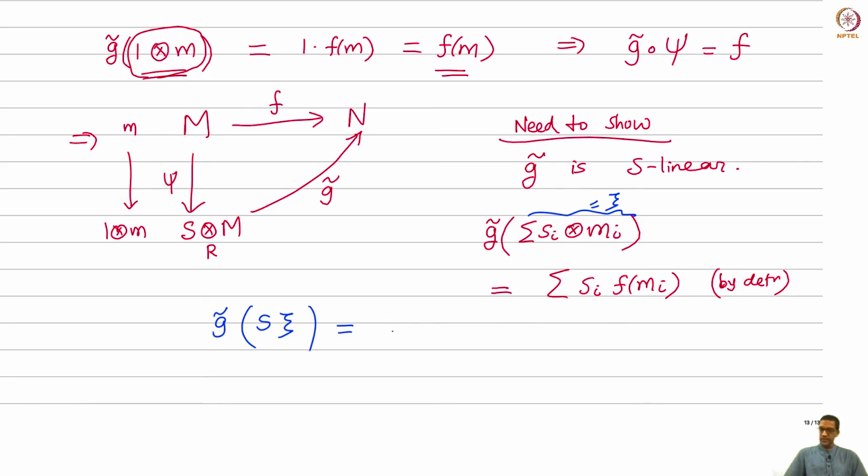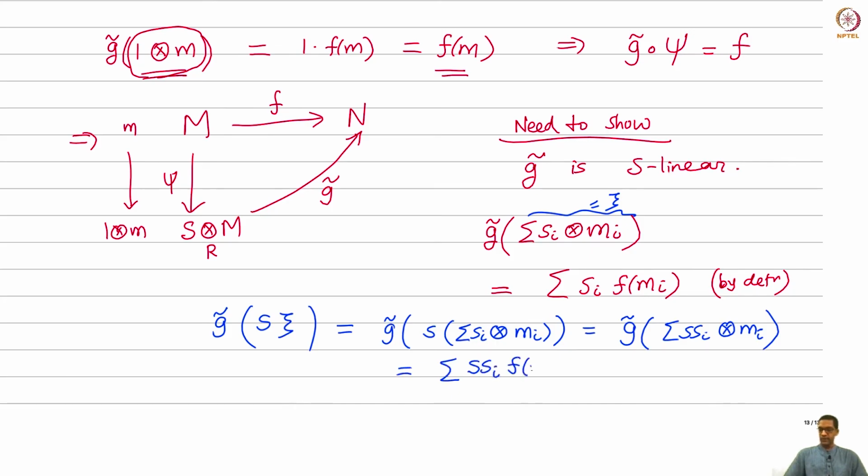S xi is by definition G tilde evaluated on S times this summation. But there we are using the S module structure on this tensor product, which is that you just multiply on the first component. So this is just the summation of S Si F of Mi. And now this just means I can pull the S out. So it's just S times whatever is left, and whatever is left was just G tilde of xi. Okay, so G tilde is in fact S linear.